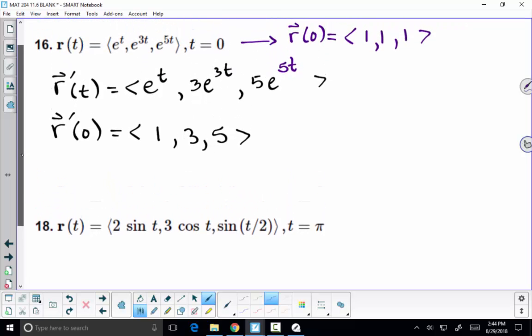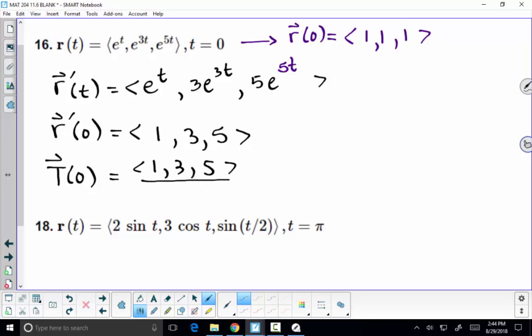Okay, so the idea here then is that this is a point on the curve, 1, 1, 1. This is a tangent vector at that point. So at that point on the curve, that vector is going to be nice and tangent to the curve. And if the question said find the unit tangent vector at 0, well, we would take our vector 1, 3, 5, find its length, and divide by its length.